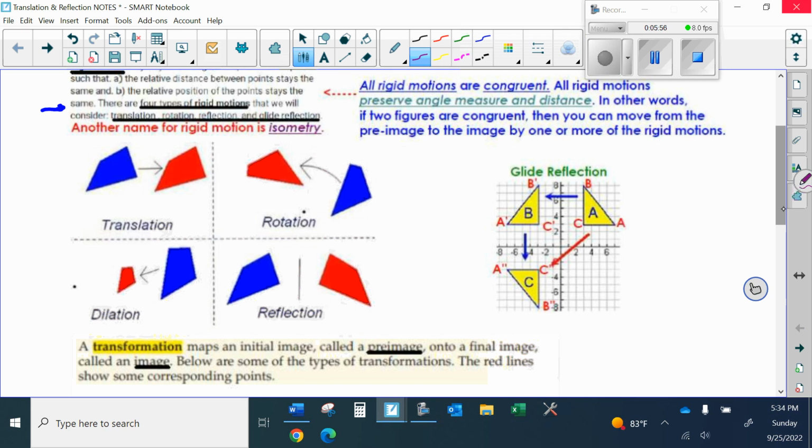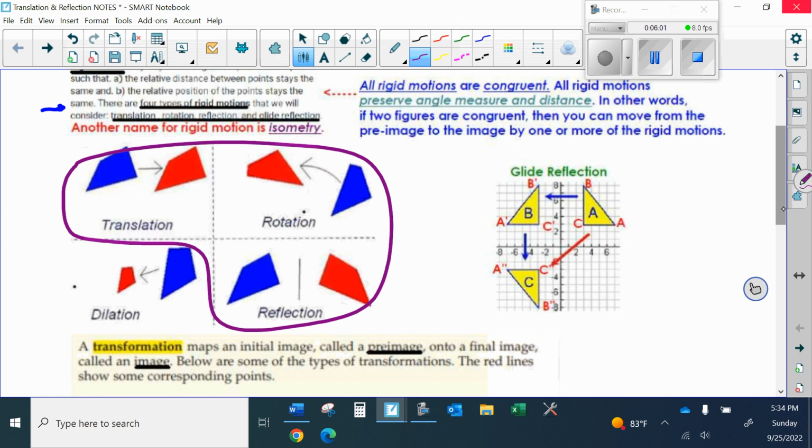Another name for a rigid motion is isometry. Dilation just falls into the category of transformation, but it's not a rigid motion. All rigid motions are congruent, as I pointed out. They always preserve angle measure and distance.